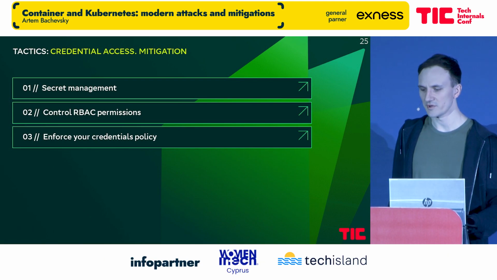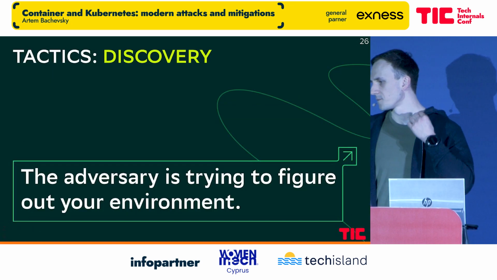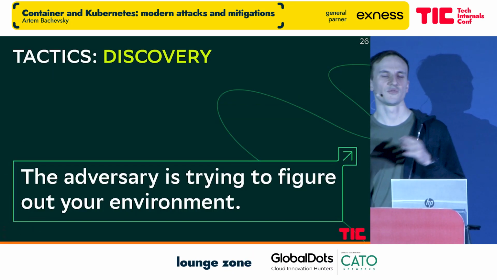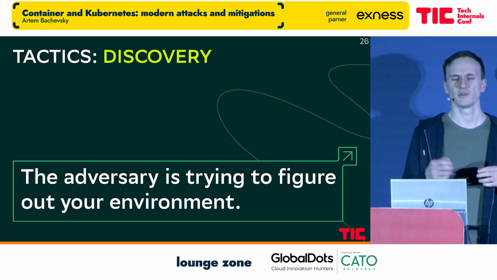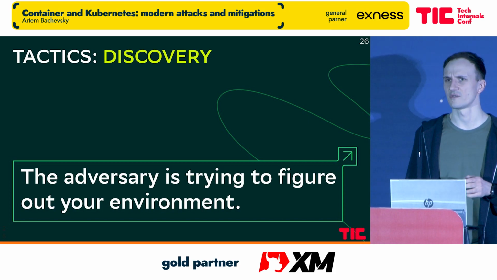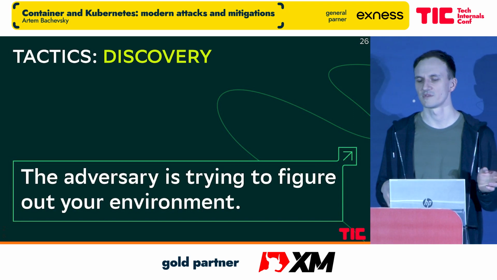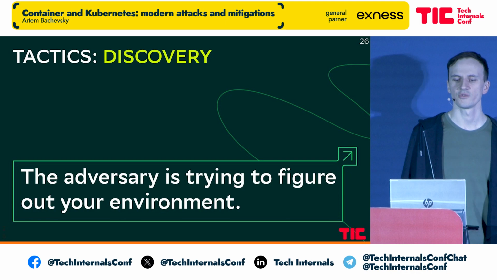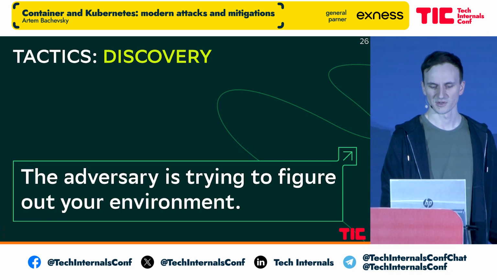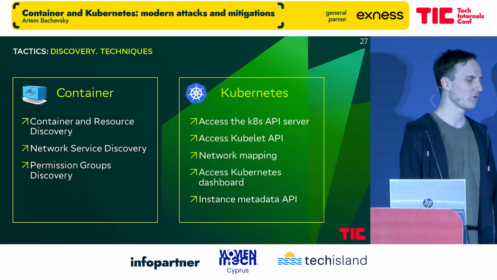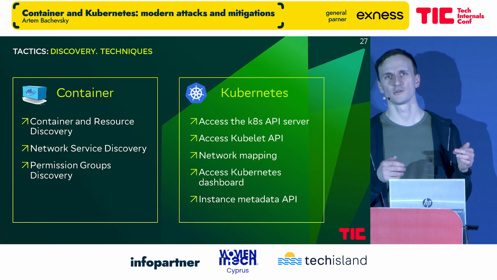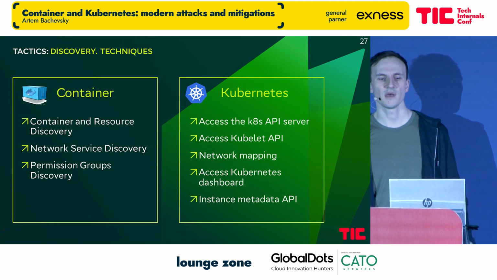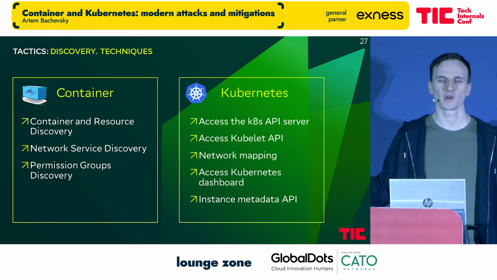And again, discovery. For example, I'm like an adversary. I attack some service, but it's not very interesting for me because it's, I don't know, some login service, and I want to find something more interesting. How could I do it? At first, I'll use an approach like executing nmap and trying network service discovery.